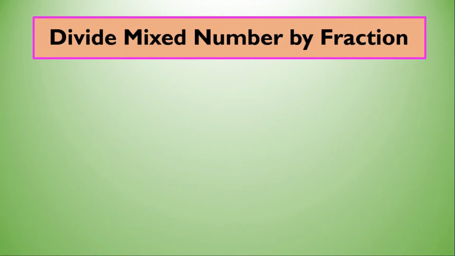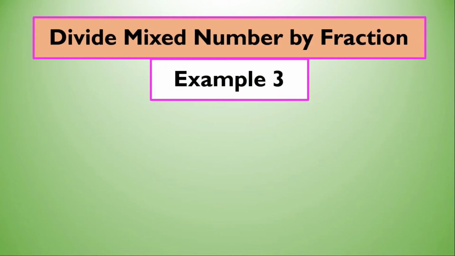The third example, divide a mixed number by a fraction. 3 and 1 over 7 divided by 2 over 5.